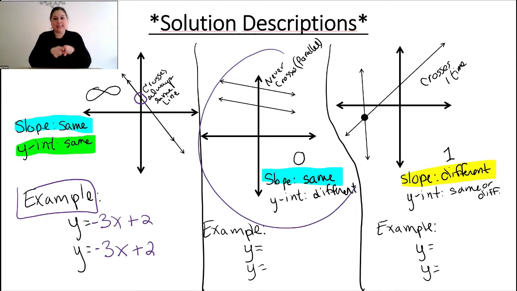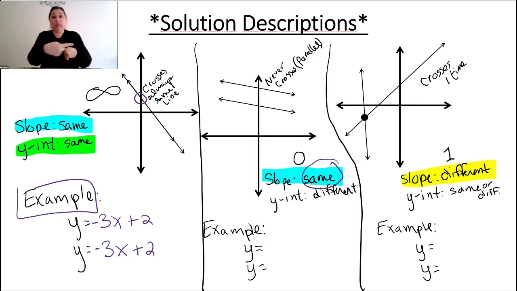Now for the second one right here, these lines never cross. They're parallel. They never cross. So what that means is they have the same slope. Okay, so let's say an example could be, and since it's going down, I'll just say it's negative.